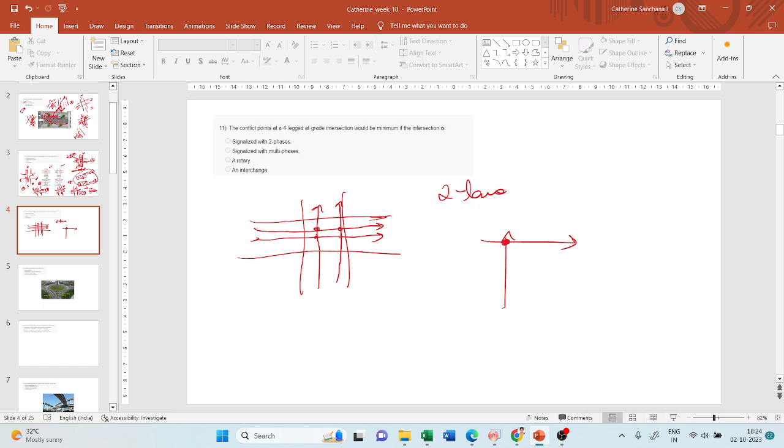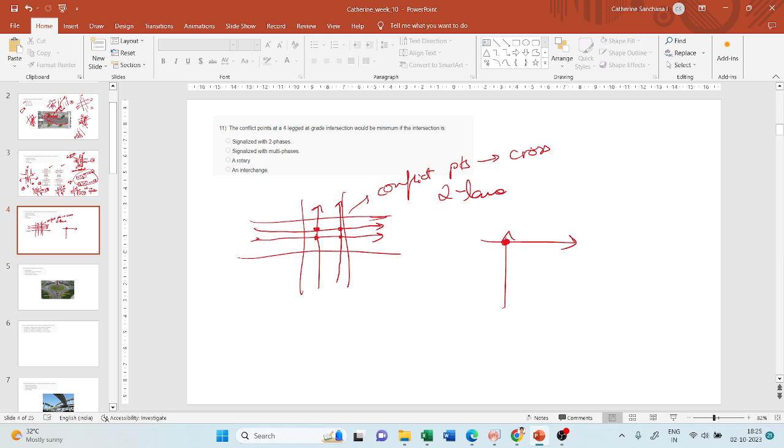Okay, how you can identify these conflict points is simply draw how the movement will be and just mark the point where they intersect each other. So these four are conflict points, and they are called cross conflict points because they cross one another at 90 degrees. Okay, there are two types of cross conflict points.